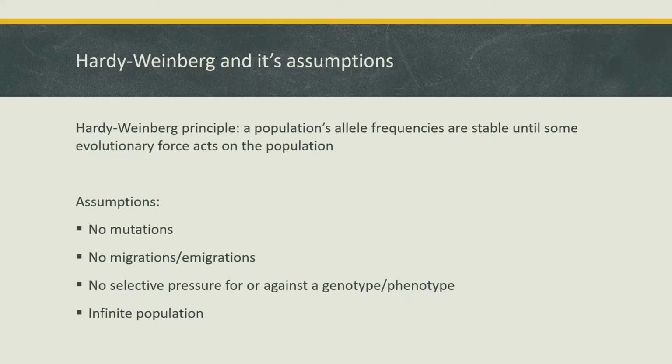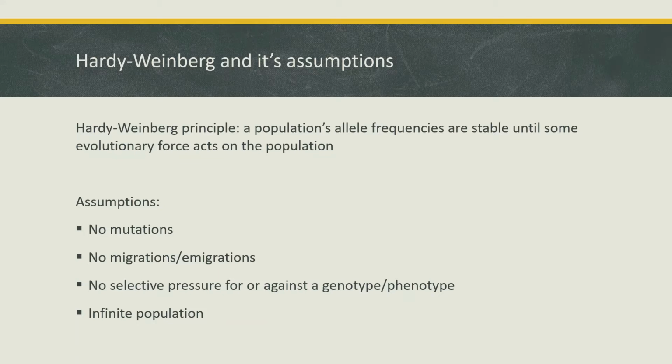Now, this assumes, of course, that there are no mutations, there are no migrations or immigrations that would cause mix of populations. There's no selective pressure, like a predator that prefers larger shrimp to smaller shrimp. It also assumes that there's an unlimited number of shrimp and that the shrimp will reproduce for infinity.